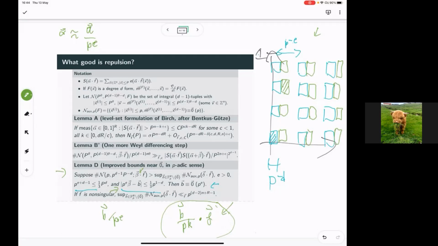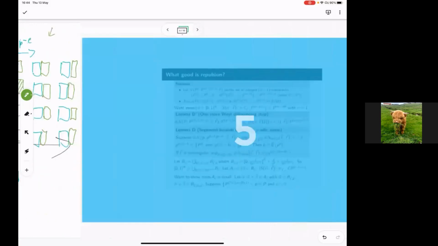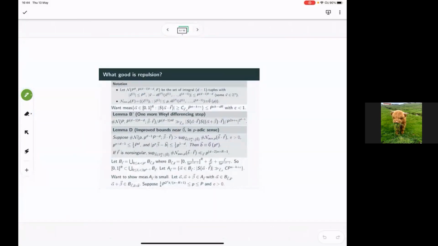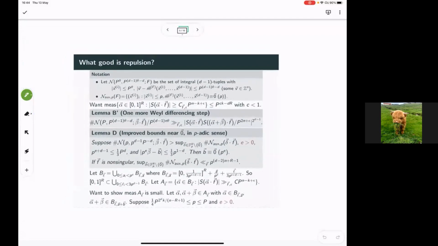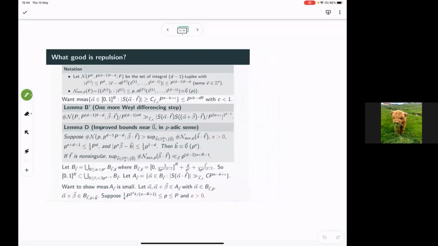Okay, so let's take a slightly more detailed look at how to apply this. So here, this is slide 5 now, we're going to try to make rigorous what I said before about covering the unit hypercube with translates of a p-adic neighborhood of the origin.